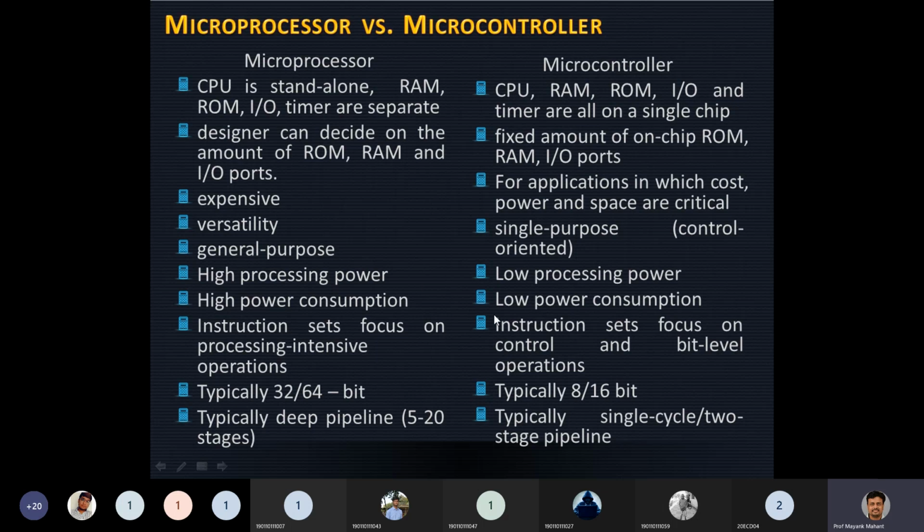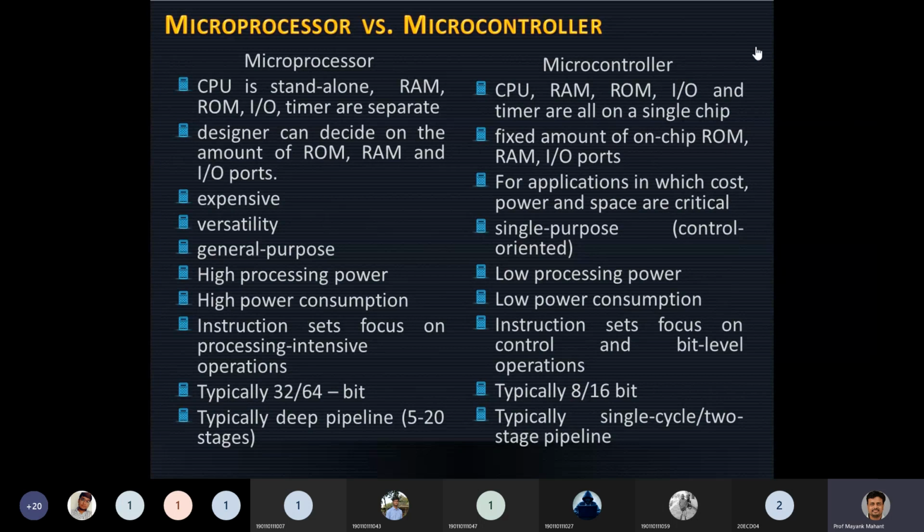But typically in a microcontroller the instruction is executed in a single cycle, or maybe with two stage pipelining. We will see this two stage pipelining very soon in our AVR microcontroller. So these are the points of difference between a microprocessor and a microcontroller, and I hope I have made it very clear in your mind.